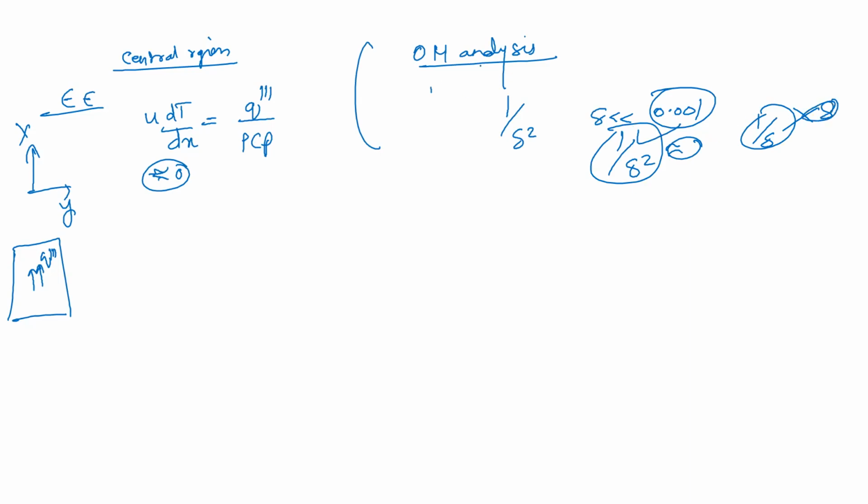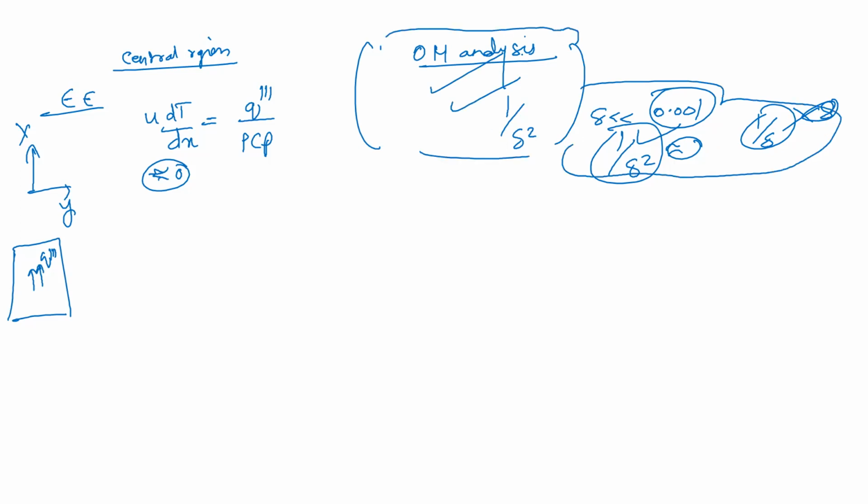So that is the order of magnitude analysis. From that you will be able to easily obtain some simple expressions which are not exact, but are dimensionally similar. If you take u, dt becomes delta t, and x becomes the length.